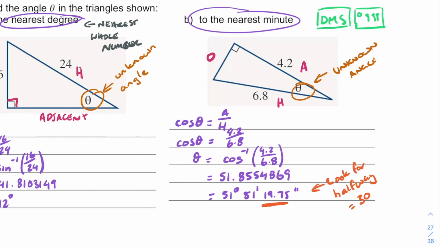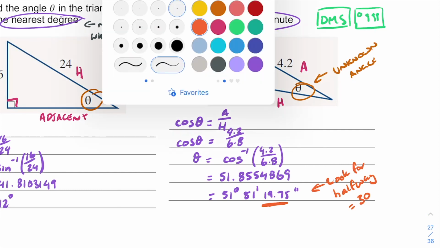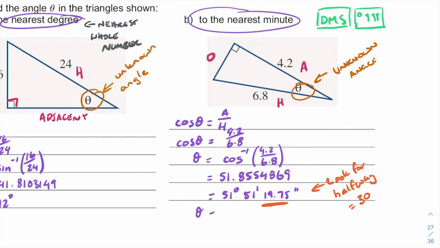We need to determine if this one's more than halfway or less than halfway. So if halfway is 30, this one's less than halfway, so it all stays the same. So theta is approximately equal to 51 degrees, 51 minutes. That's all there is to doing this particular type of problem.